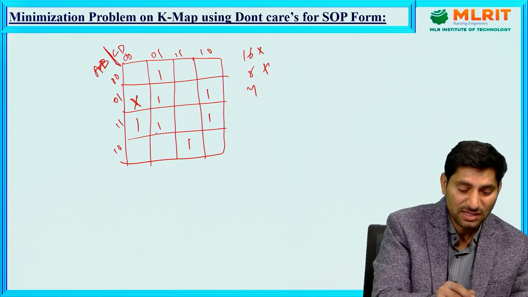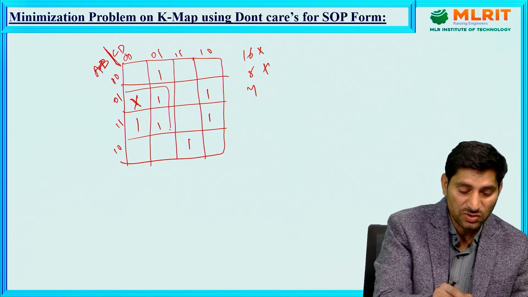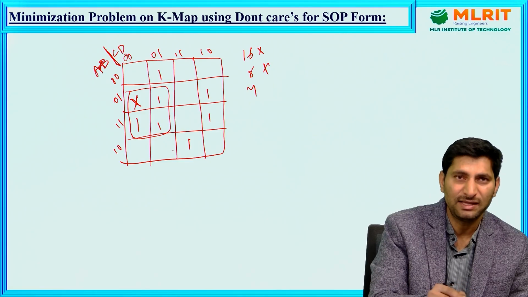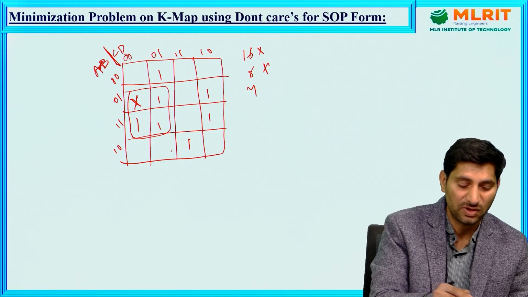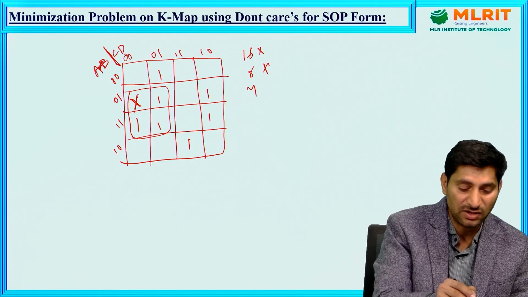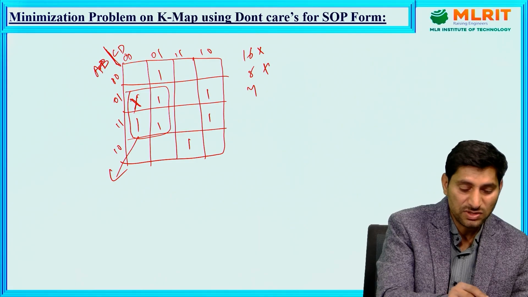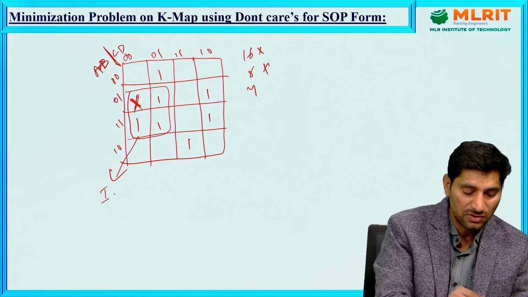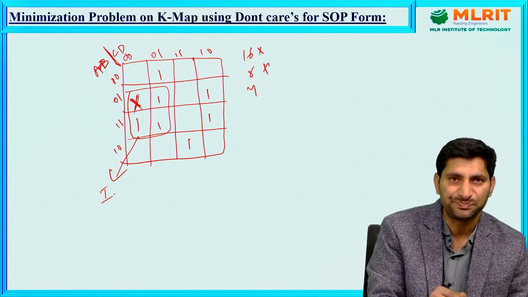So to cover this one, we are using this don't care, right? So don't care means either it can be 1 or 0. Okay. So here cross we have to make use of it. So using this to cover this ones, I am using don't care term in the part of this grouping. So this is what first group.